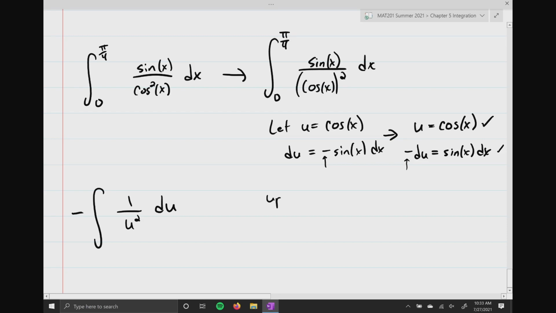So for my upper limit, u equals the cosine of pi over 4. Let me write that cleaner. So u is going to equal, for the upper limit, square root of 2 over 2.